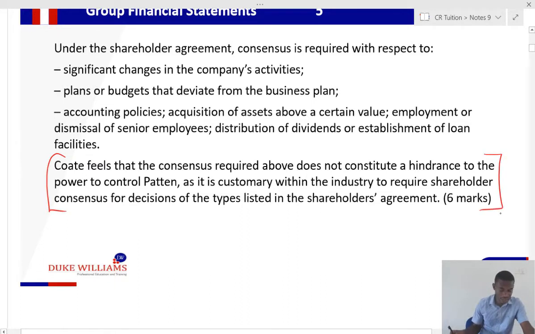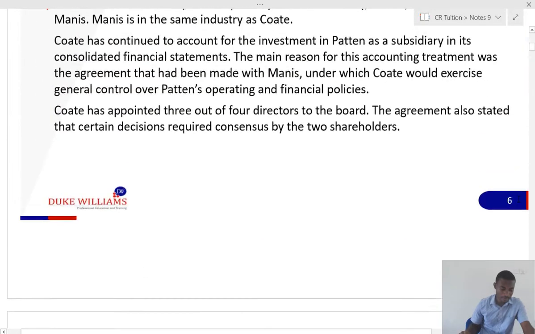Court feels that the consensus required above does not constitute a hindrance to the power to control Pattern, as it is customary within the industry to require shareholder consensus for decisions of the types listed in the shareholders agreement. Okay.